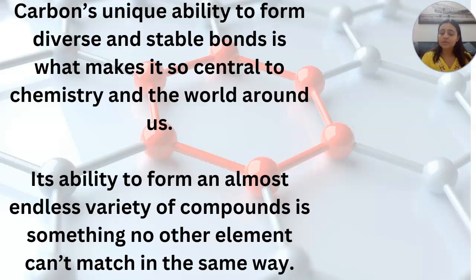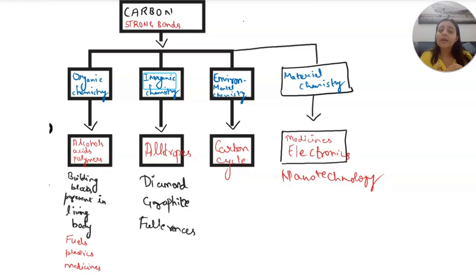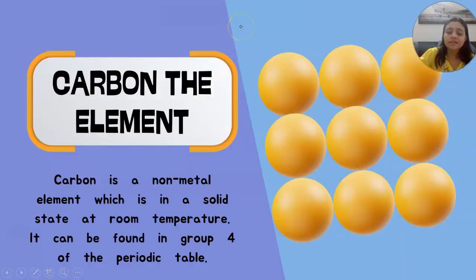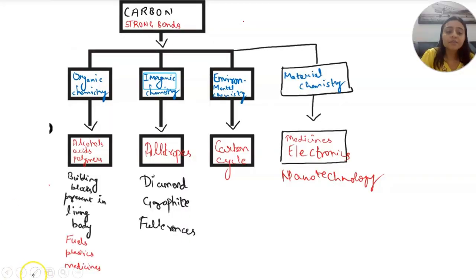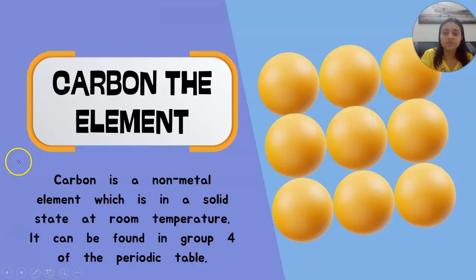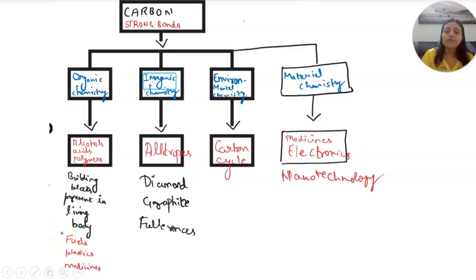First we are going to see the various heroic characteristics of the carbon element. Carbon can form strong bonds, right? That is why we can say that it has strong bonding properties. Then we will see that in organic chemistry, inorganic chemistry, physical chemistry, or material chemistry, carbon is present everywhere.